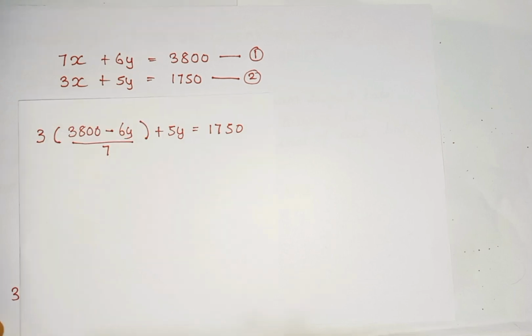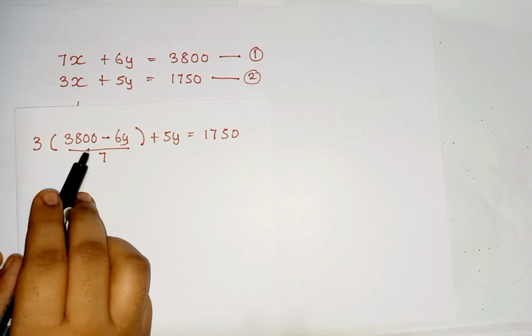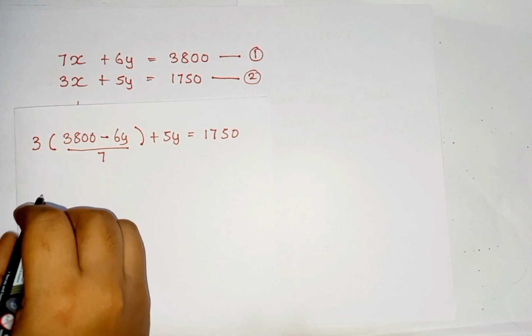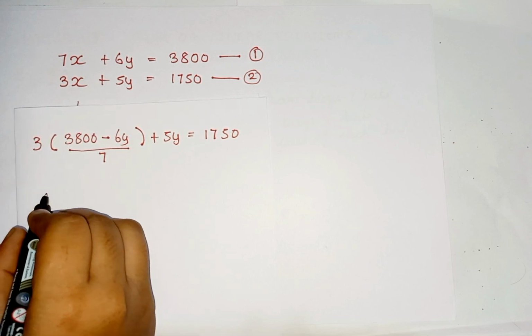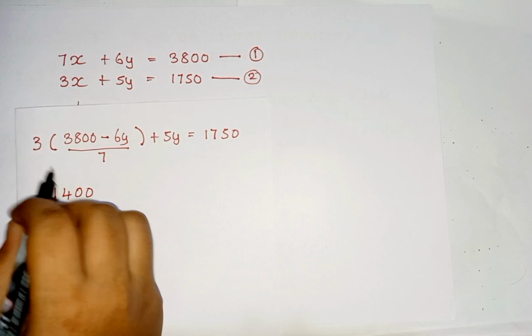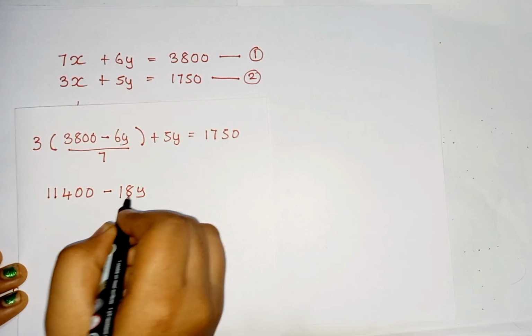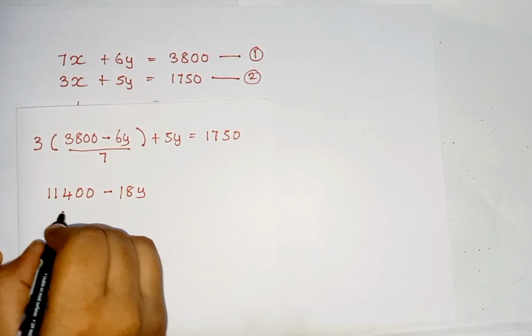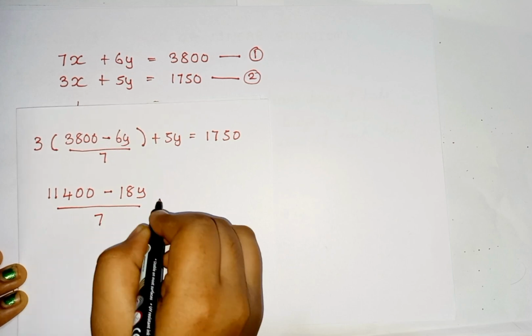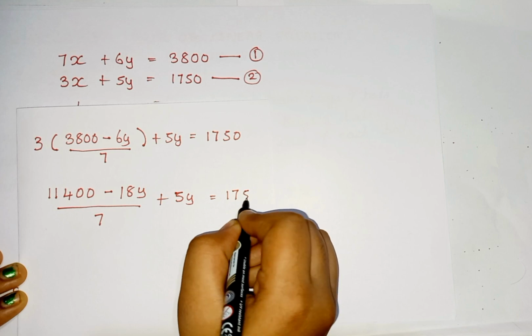Okay guys, so now let us solve it. For that we should multiply them. When I multiply 3 into 3800, I get 11,400, and then 3 into 6 is 18, so let us write 18y as it is, divided by 7, plus 5y is equal to 1750.